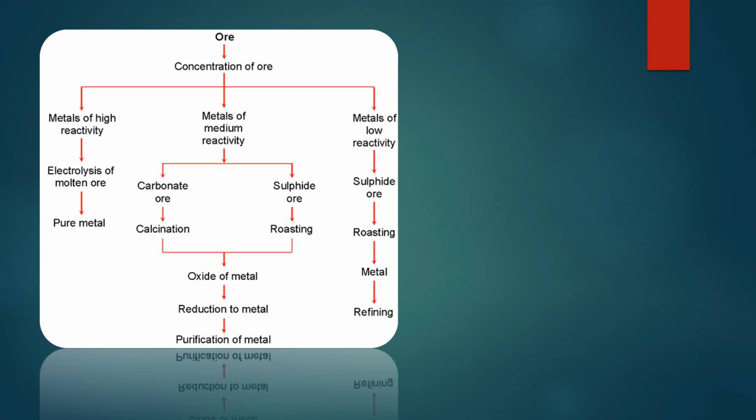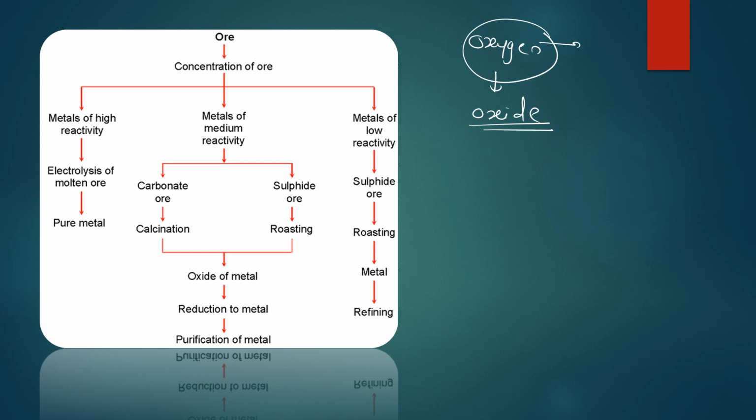You will find that the ores of many metals are found in the form of oxides. Okay, why? Because oxygen is present in nature in an abundant amount. That's why many of the ores are in the form of oxides.